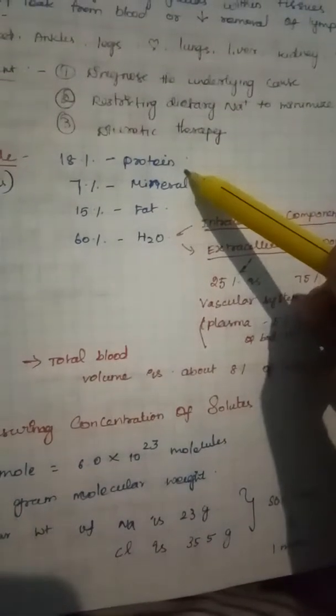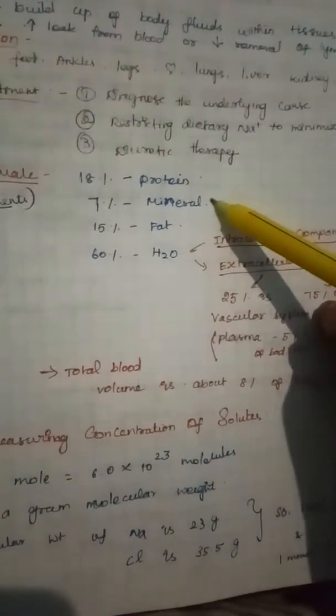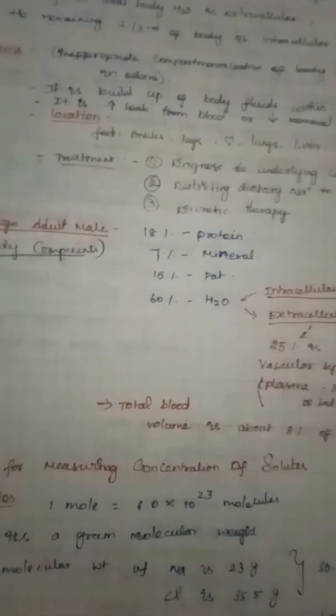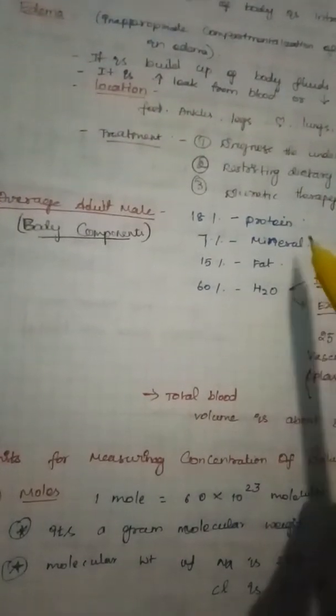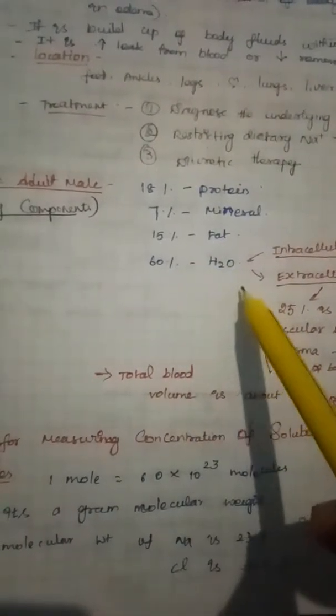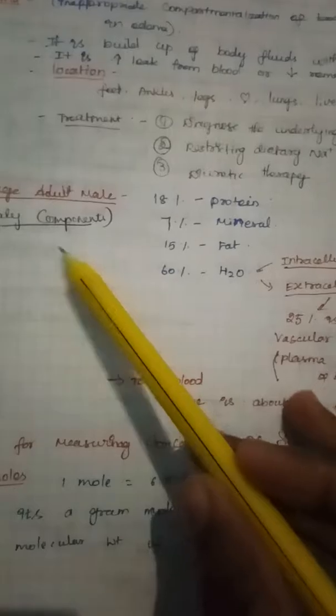Here you can see 18 percent protein, 7 percent mineral, 15 percent fat, and 60 percent water. The average adult male consists of these things only.